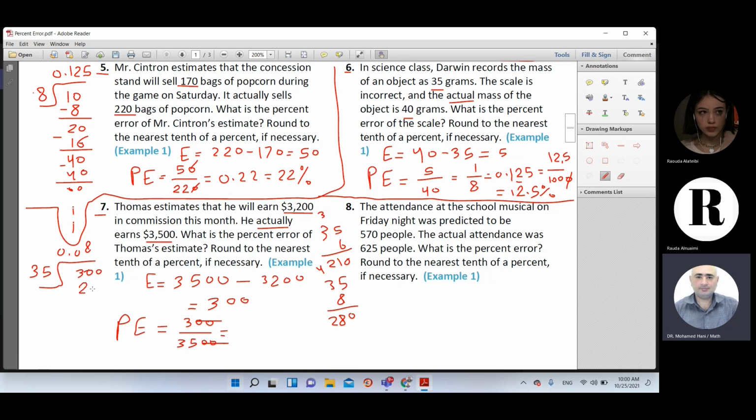And we can write here 280. So 300 minus 280 will be 20. We can continue, put here 0, 200. Here as you see 6 times 35 will be 210. So try 5.